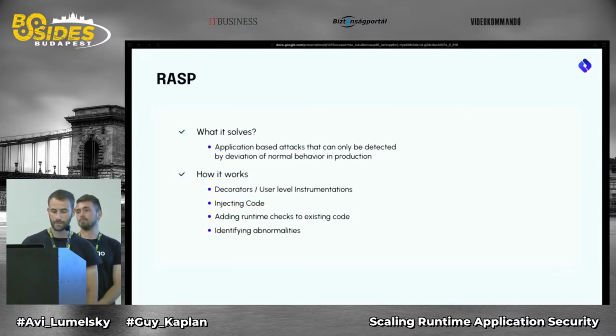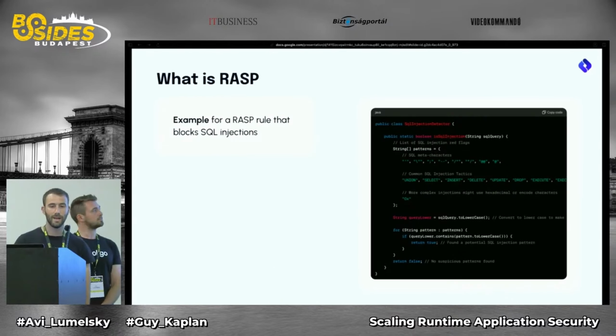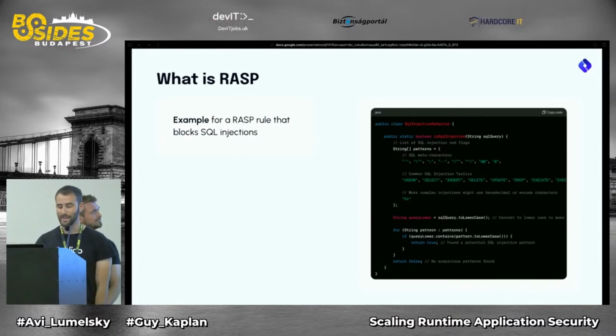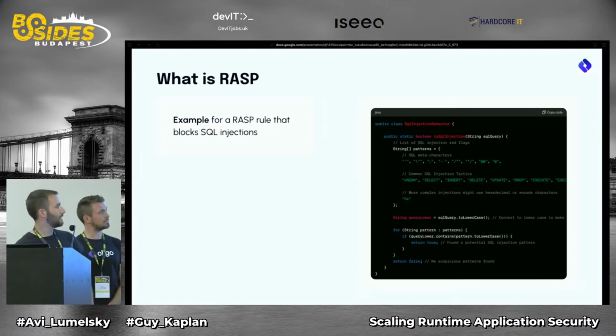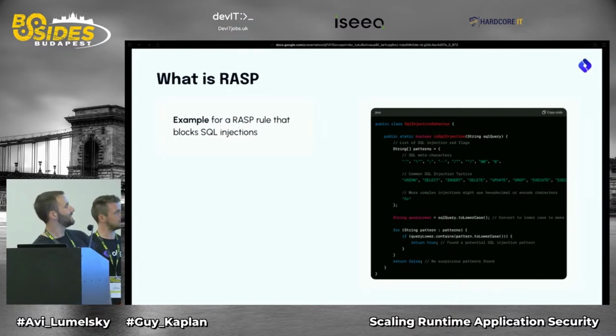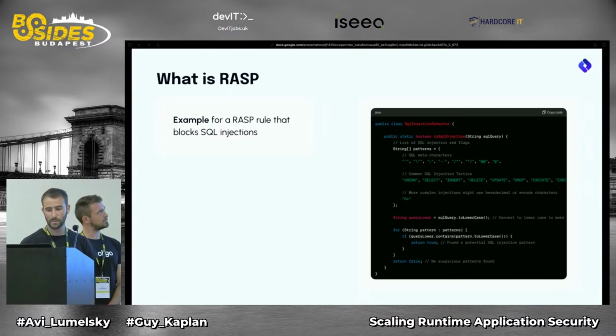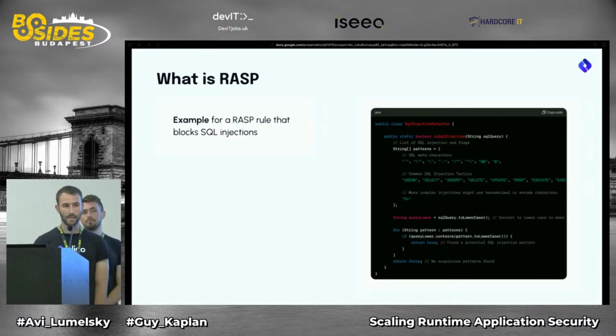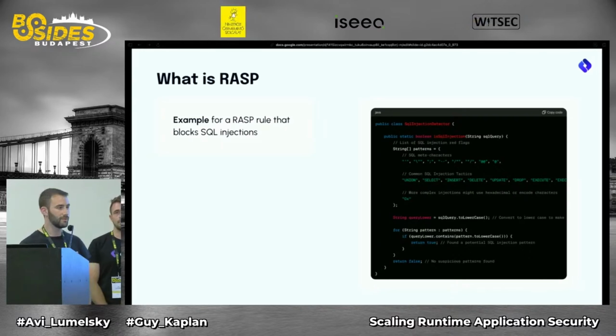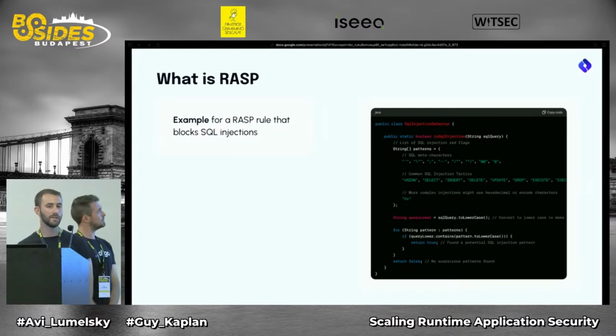With some help from ChatGPT, I want to show you an example of how a RASP rule might look for detecting SQL injections. I hope you can see something. What you see here in this image is some code that receives an SQL query as an input and tries to identify whether an SQL injection might take place. So it is looking for some SQL-specific keywords.